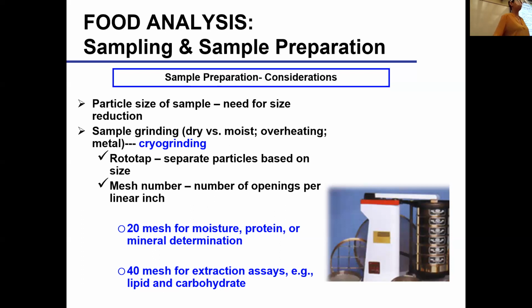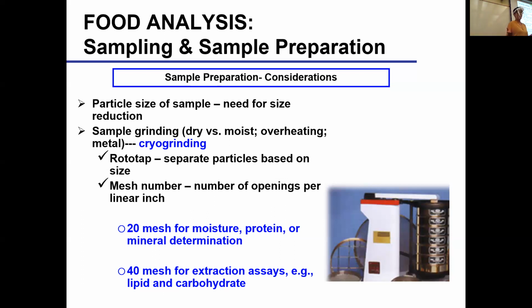The amount of holes for one linear inch. Yes, you were close. So 20 openings in 1 linear inch. The more openings you have, the smaller your particle size. And for extraction experiments, you want the smaller size, so you enhance your surface area for extraction.